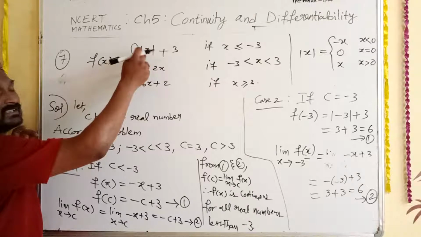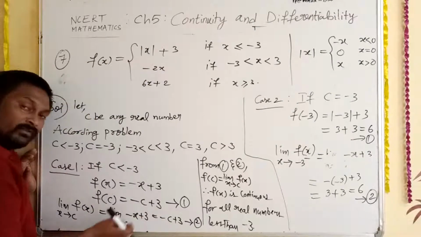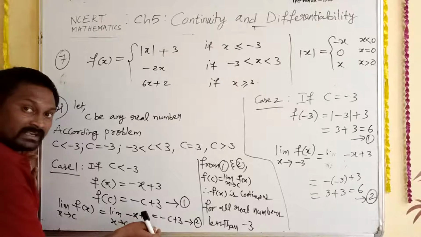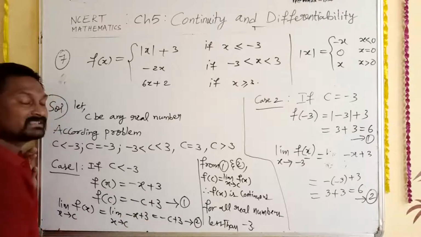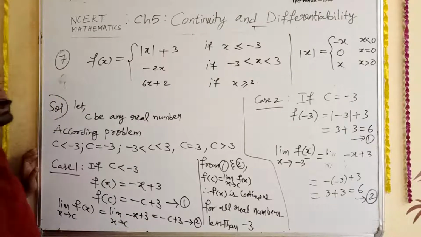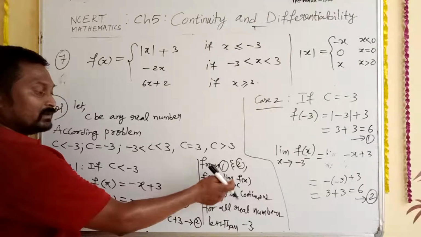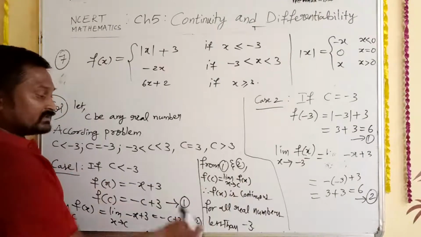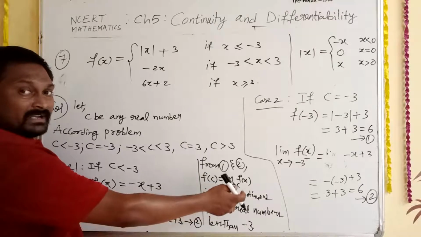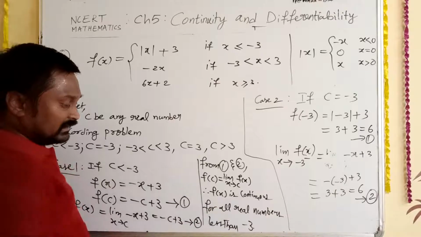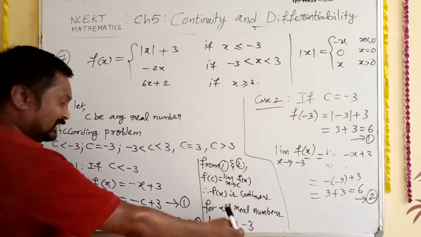So we write minus x plus 3. When removing the limit, wherever x is there, substitute the C. So we can write minus c plus 3. That is equation number 2. Now, from 1 and 2, f of c is equal to the limit as x tends to c of f of x. Therefore, f of x is continuous for all real numbers less than minus 3.